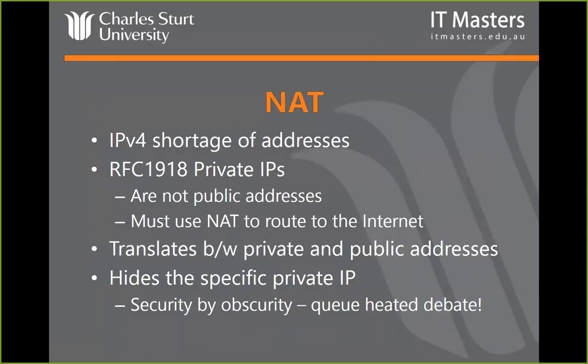Thus allowing two things to happen. Firstly, saving of IP addresses, because the enterprise world is now using private IP addressing, but also it still allows them to communicate with the external world, which they otherwise could not do because of the RFC 1918 standard.